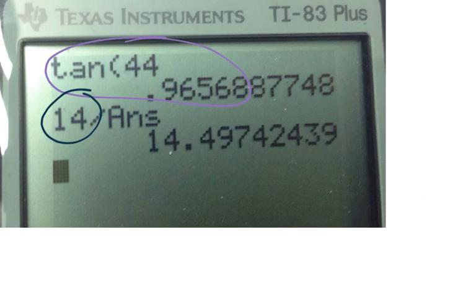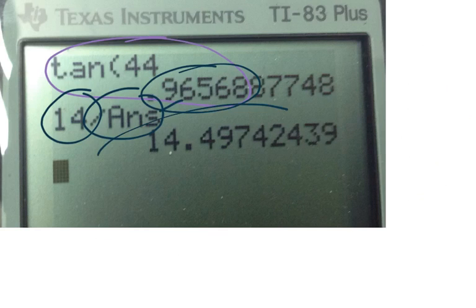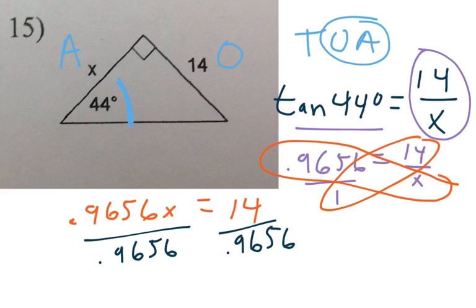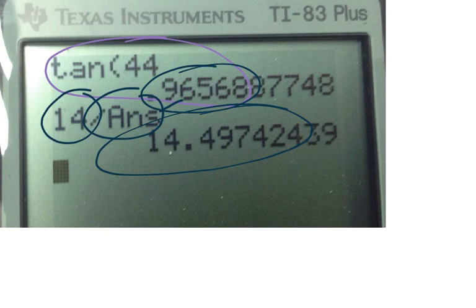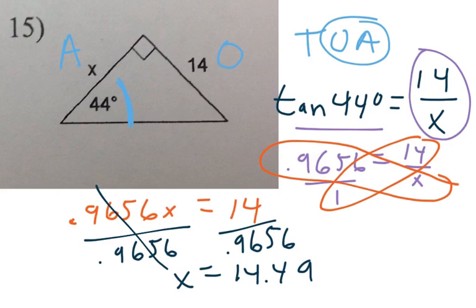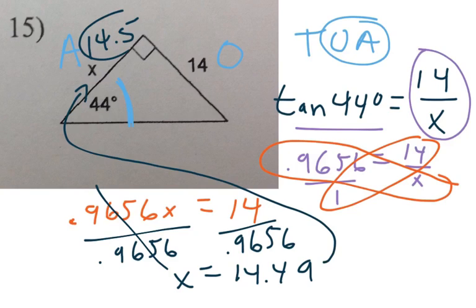Notice I took 14 divided by our answer, the 0.9656, and here is my result, 14.49. So I know x will equal 14.49. Let me double check that. 14.49. And if we rounded that off, guys, we know x would be simply 14.5, wouldn't it?